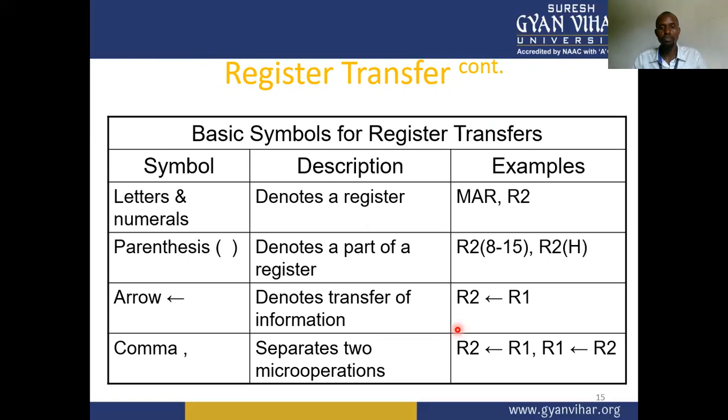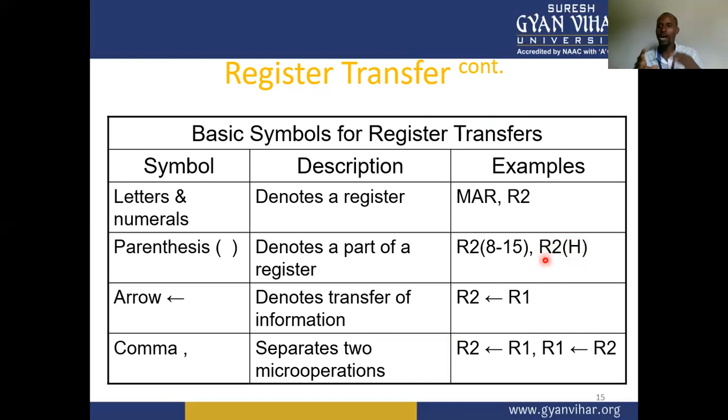Next we have the parenthesis. Parenthesis stands for part of a register. So there's a register and part of it. You can say R2 in brackets, the parenthesis. The part of R2 that we are talking about is from 8 to 15, which is the upper byte. Or you can represent this R2 with H, which means the higher byte of R2.